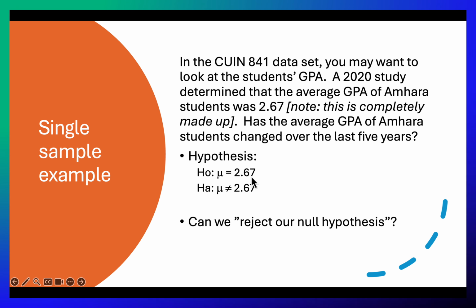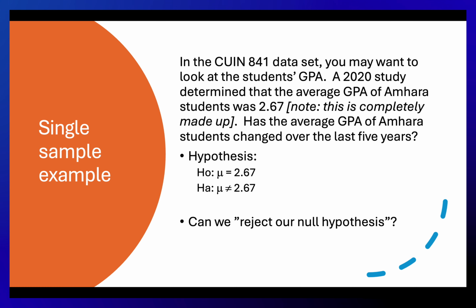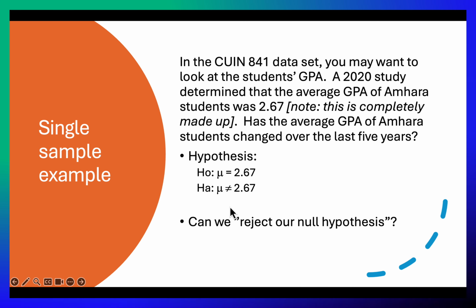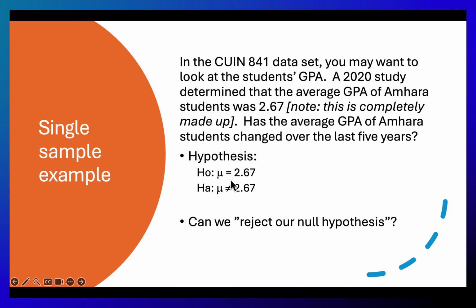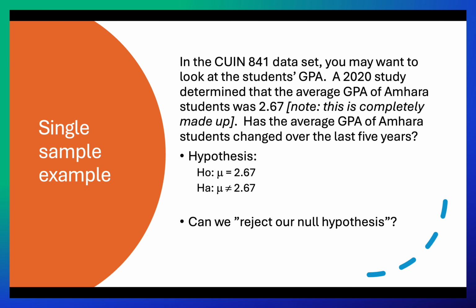And as you'll recall, going back to my presentation about inferences, we can state this in research hypotheses. So our null hypothesis is that there's no difference, right? That's always our null. No difference between our current students and the students in the past.